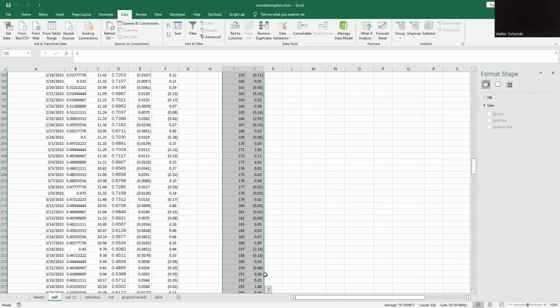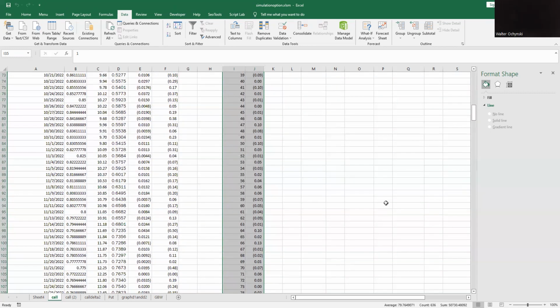Okay, in one year, you end up with almost a $1 loss, or we have almost a $2 profit resulting from Delta Hedging versus what we receive as the premium.